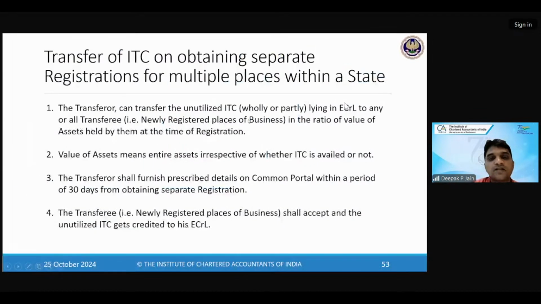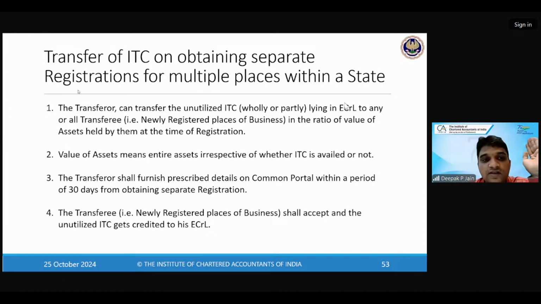Now there are special circumstances: transfer of ITC on obtaining separate registration. So if you had one registration, now you're taking one more registration. That is, you had one head office, now you're opening up a branch. So when this branch is getting opened, some of the assets also are getting transferred.